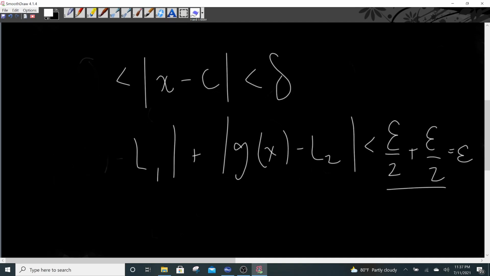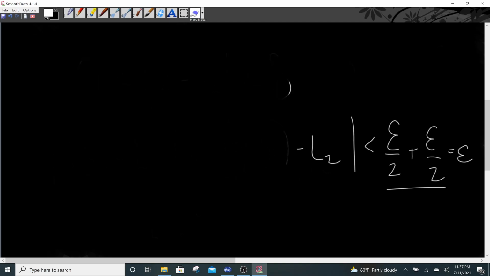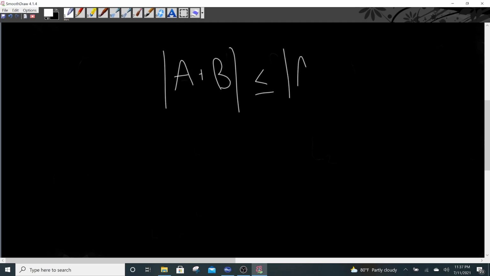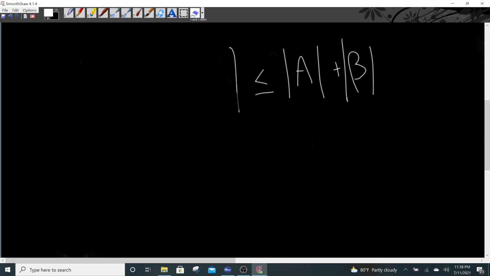I hope that you guys have at least seen this idea once before, but the triangle inequality for absolute values dictates that the absolute value of a plus b is less than or equal to the sum of the absolute values of a and b individually. That's just a rule that exists. I can't really go into more depth than that. I would have to scrounge the internet for a proof of that because I honestly have no clue.